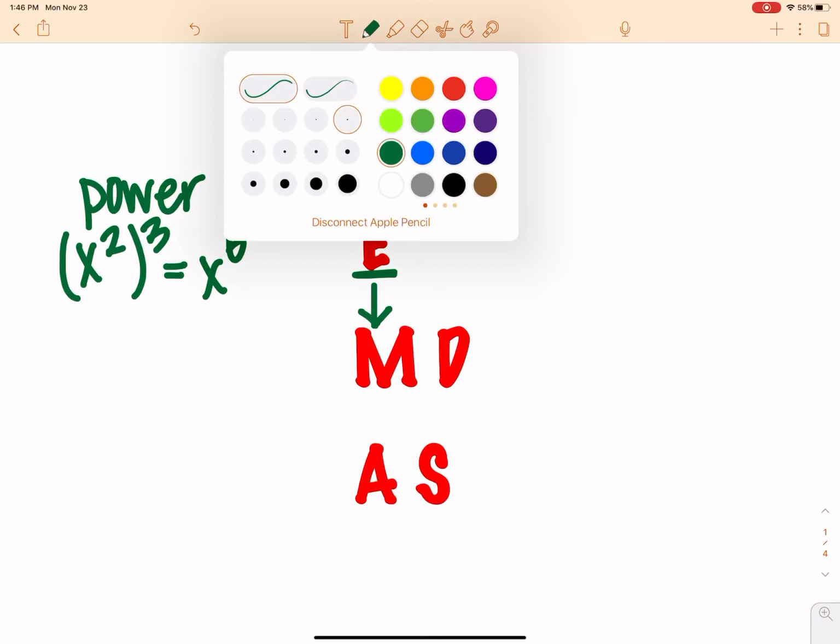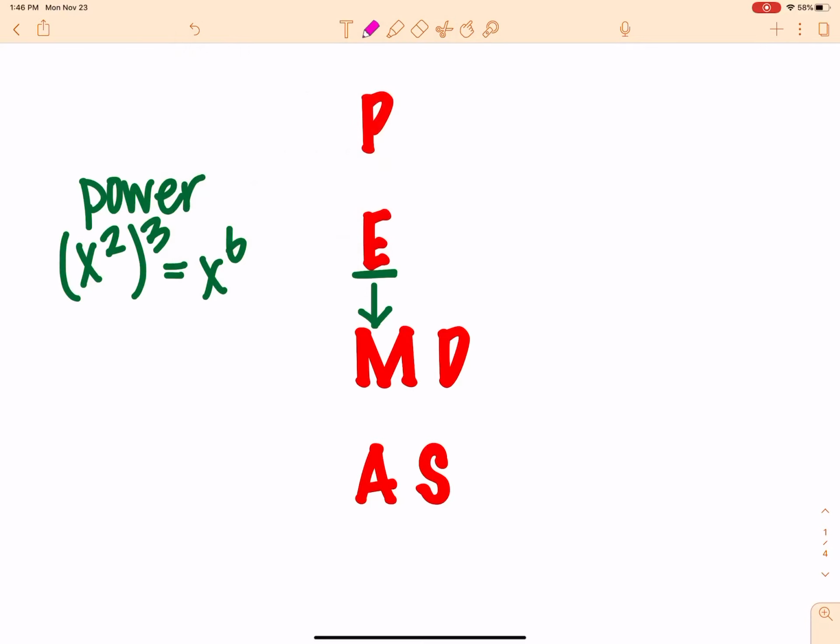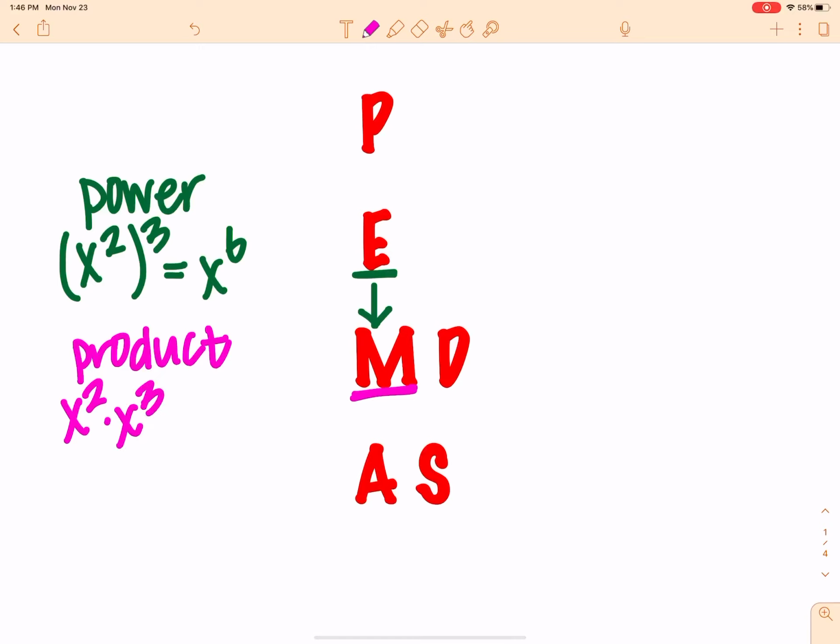Similarly, we will have our multiplication or product rule. If we're multiplying two exponents together, x squared times x to the 3rd, then again we look down in our PEMDAS, and that means we're going to add those two numbers together.